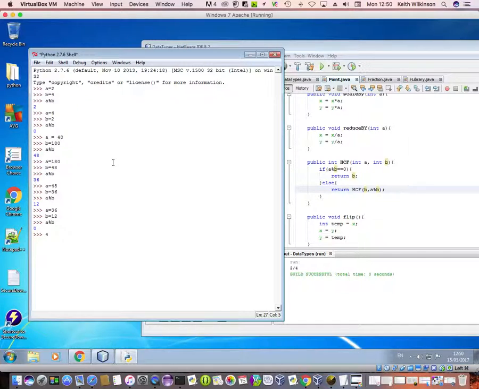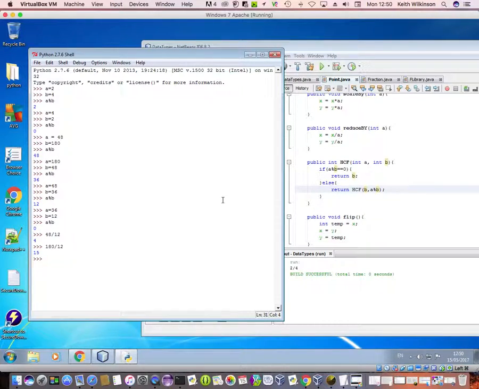So 48 divided by 12 is 4, and 180 divided by 12 is 15. So that's 4/15, and we can see that they have no factors in common. So that is how the formula, the recursive formula, works.